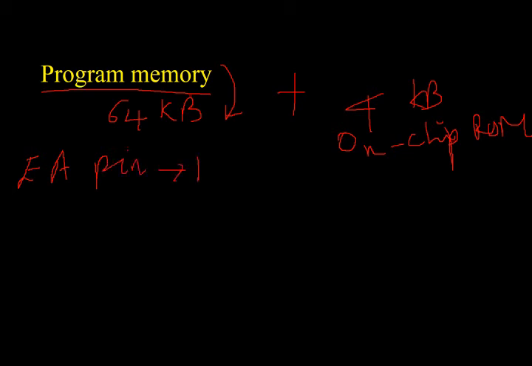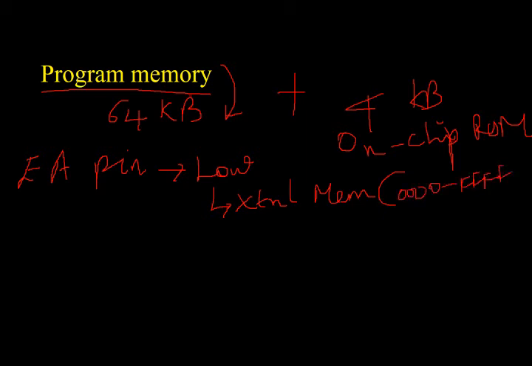If the EA pin is found to be low, we are accessing the external memory, which starts from 0000 and ends with FFFFH, a hexadecimal range.